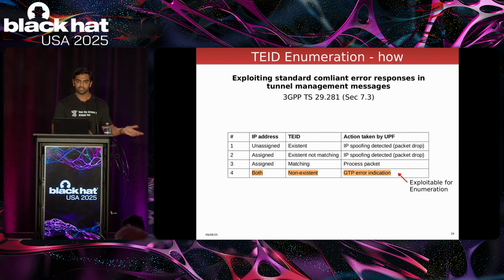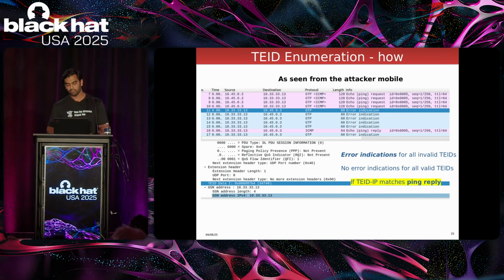But an attacker with a smartphone is able to extract that from the network, and there are a few methods to do that. Use an IP address that could be either assigned or unassigned, then keep mutating what we call these tunnel endpoint identifiers. For packets where you receive back an error indication, it means the TEID doesn't exist, so it's free.